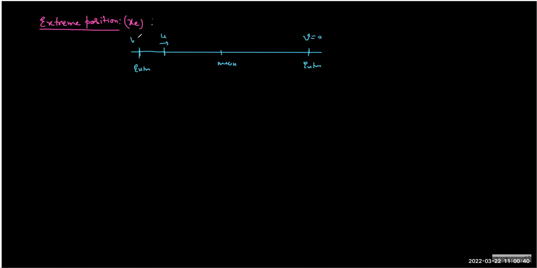When you come here, again the velocity will be 0. So extreme position means the position where you will turn back, and because you are going to turn back, you must come to rest.